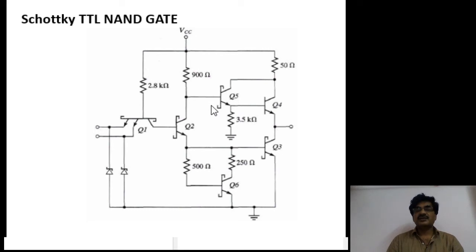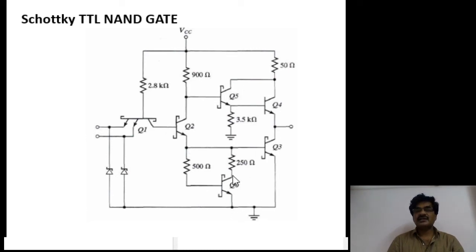Another advantage is that Q4 and Q5 provide emitter follower action, with Q5 in emitter follower configuration, so it provides more current at the base of Q4. You already know the emitter follower advantages: the current gain is large, it drives large current, and it provides high input impedance and low output impedance. That is the advantage of transistor Q5.